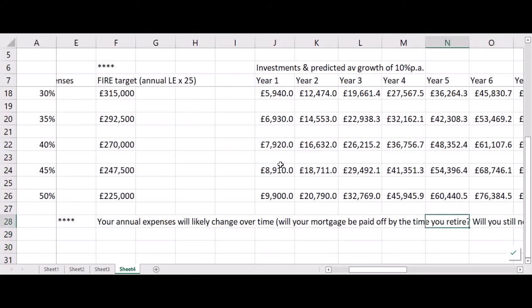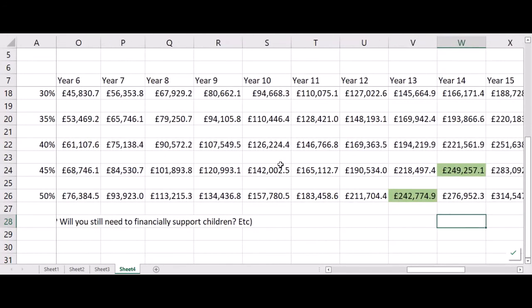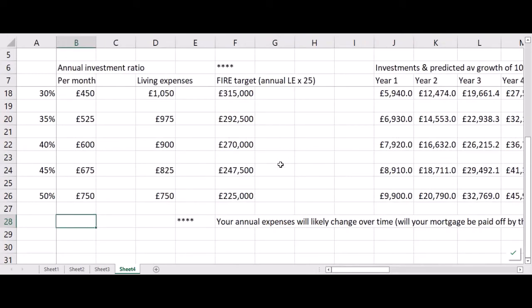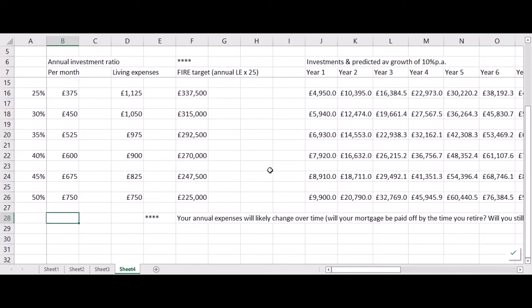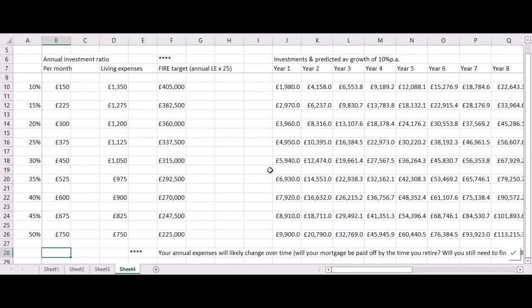I've put a wee note at the bottom here, just to say that your annual expenses will likely change over time. For example, will your mortgage be paid off by the time you retire? Will you still need to financially support children, etc.? That's just to make you think, is it likely that your living expenses are going to stay as they are now, or is it more likely that they will decrease over time?